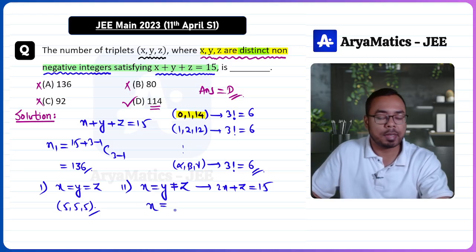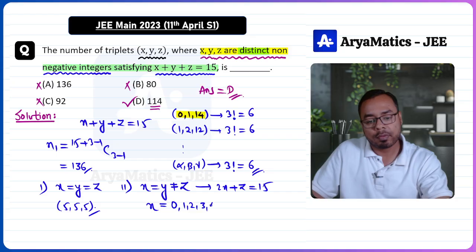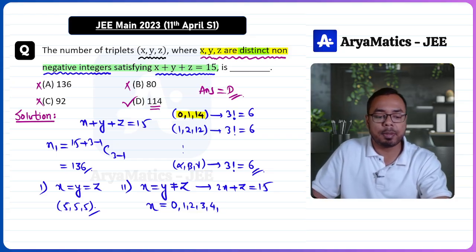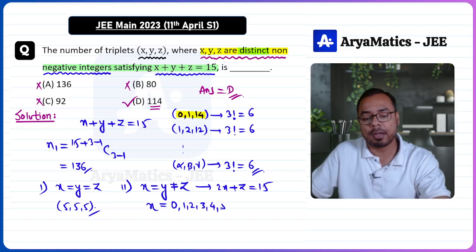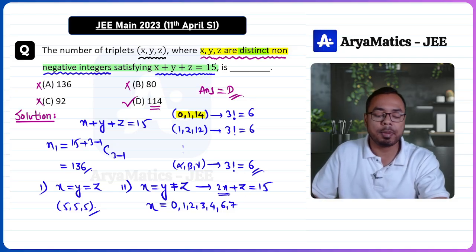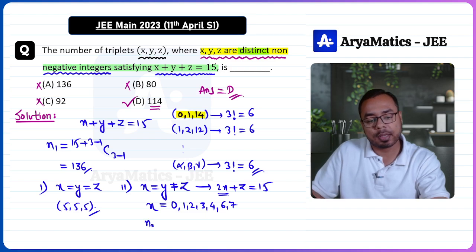The different values of x that you can take are 0, 1, 2, 3, 4. 5 we cannot take, because if we take x as 5, z will be 5, which we have already considered earlier. Then the next ones you can take are 6, then 7, and you cannot take x as 8, because in that case z will become negative. So these are the 7 different solutions we are getting.